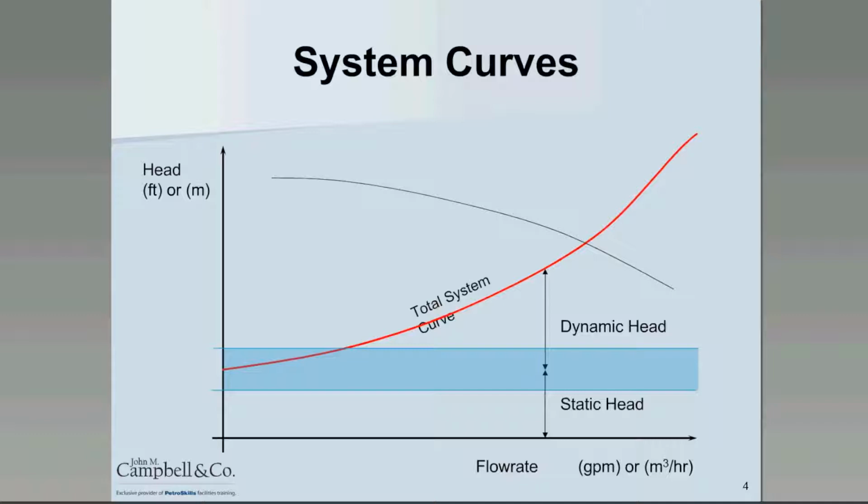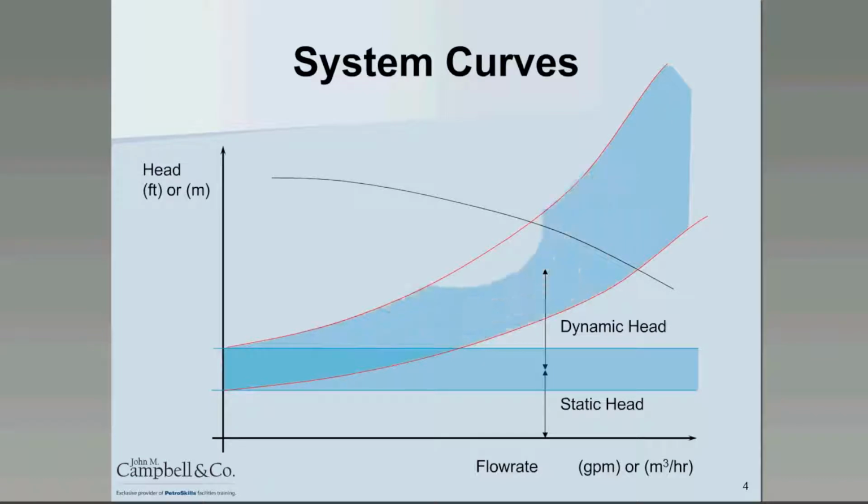Similarly, in your dynamic head, there could be changes as a result of an adjustment to a control valve, or a change in a reservoir reinjection program. If I put more wells on or take wells off, I'm going to change both my static and my dynamic head. So what I urge people to consider is a system operating envelope instead of just a singular system curve.